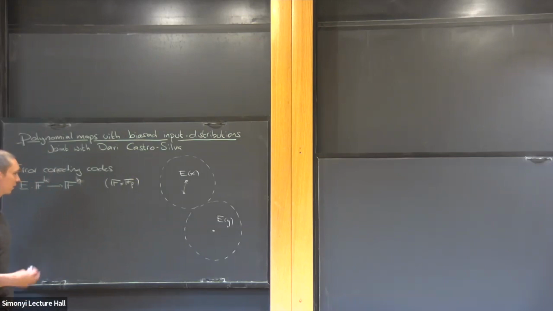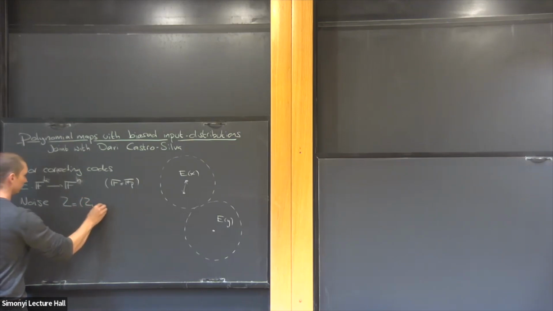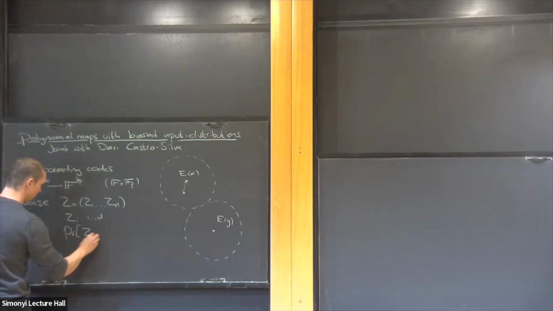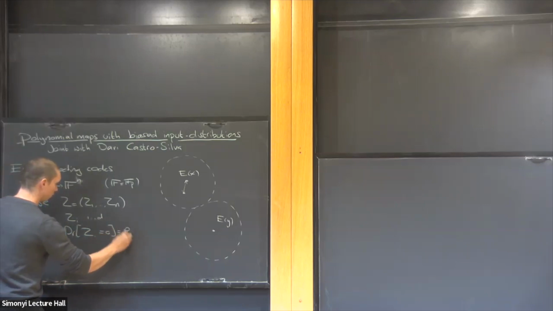So a very basic noise model that models how error correcting codes get corrupted is the binary symmetric channel. The noise model that I'll consider in this talk is given by a random n-dimensional vector Z, where the coordinates z_i are independent, identically distributed, and the distribution on them is that coordinate z_i is 0 with some probability rho.